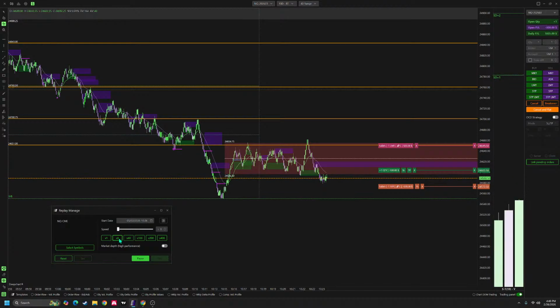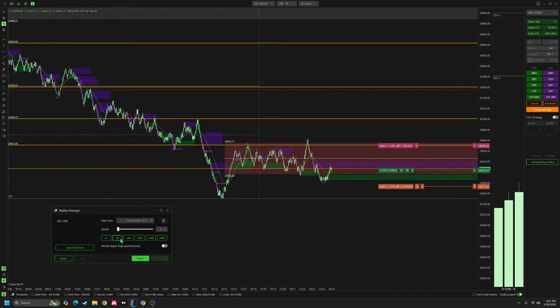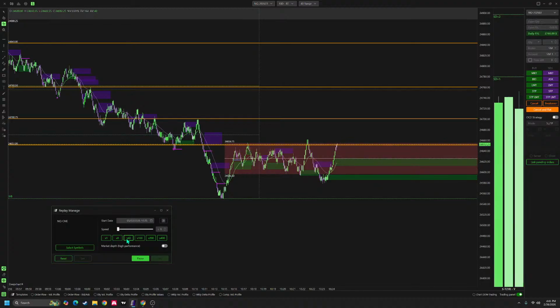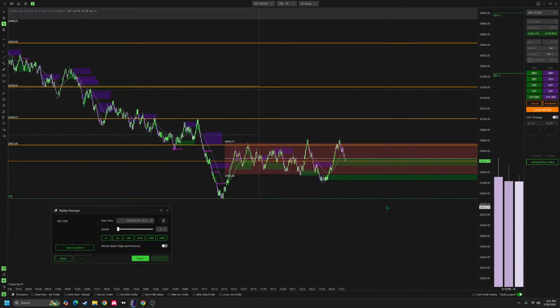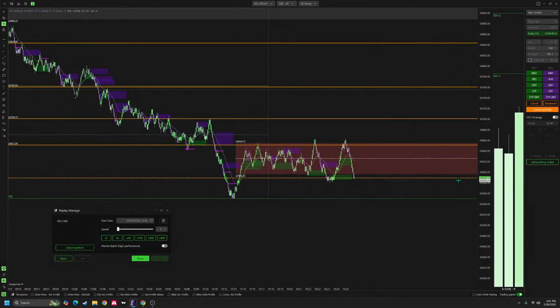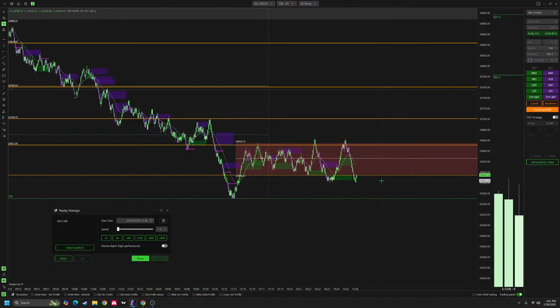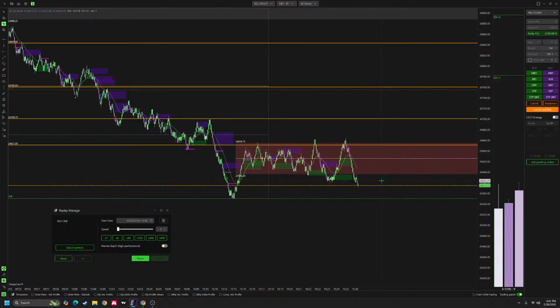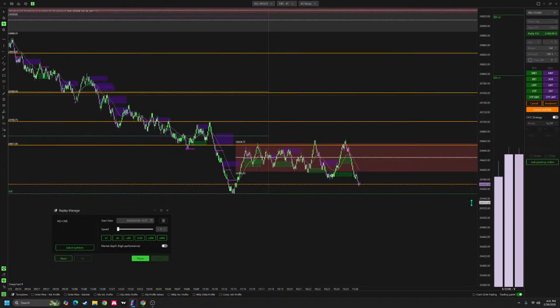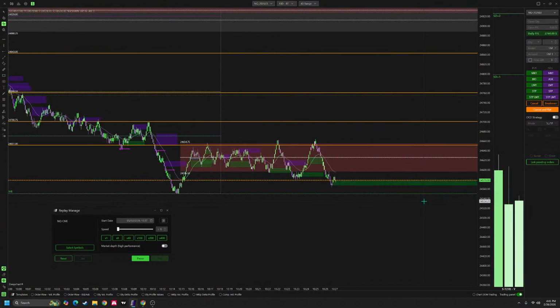Just stop me out already so I can take a nap. Okay, we win that scalp to the top of the idiot box. It makes its way right back down to the bottom. So we get one.